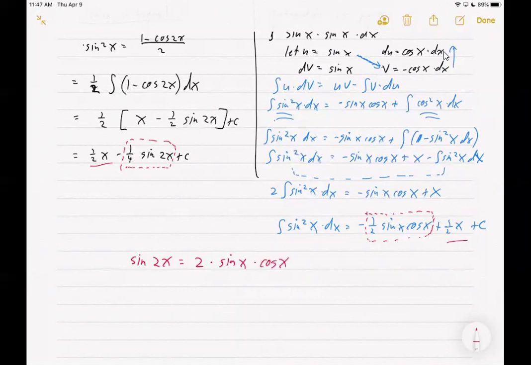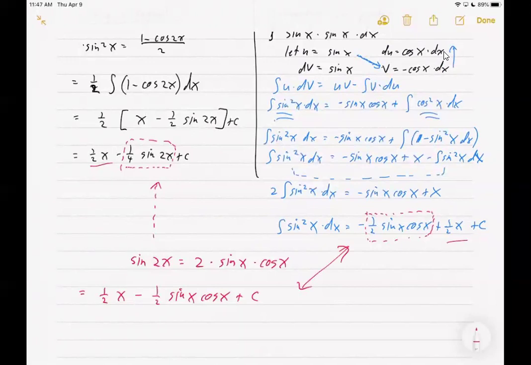So if we substitute that identity in, we end up with an answer of 1/2 x minus 1/2 sine x cosine x plus c. And now we can see that the two answers are the same.